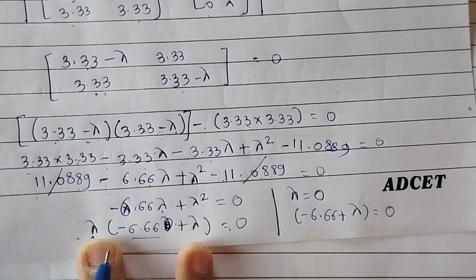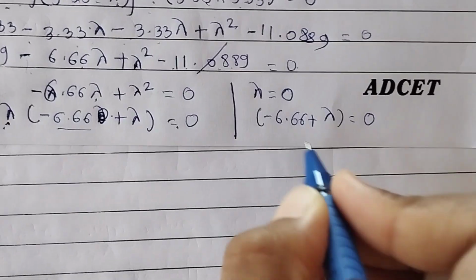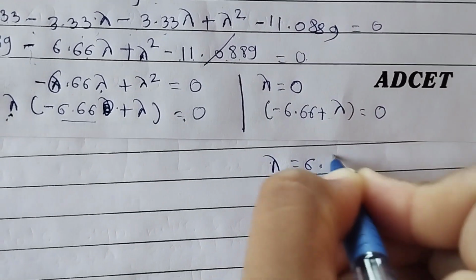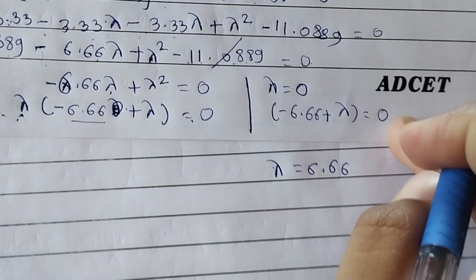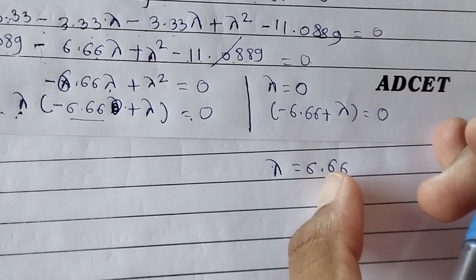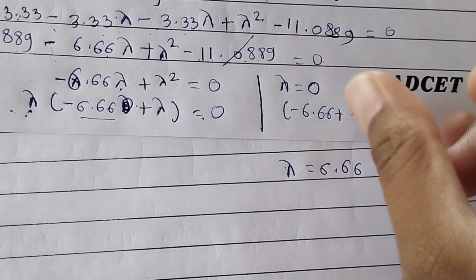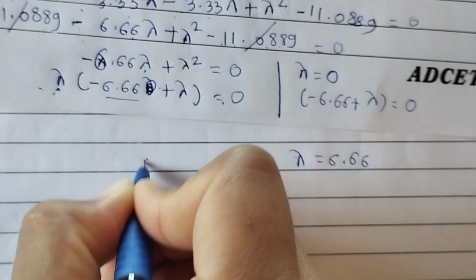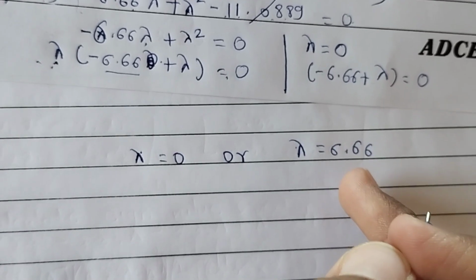So lambda is equal to 6.66, because when we transfer minus 6.66 to the right side, the minus becomes plus. So now we have two values for lambda. We write here lambda is equal to 0 or lambda is equal to 6.66.